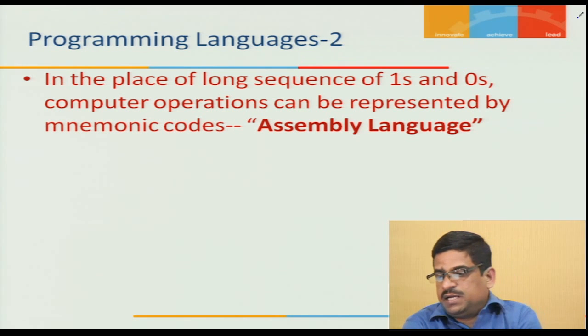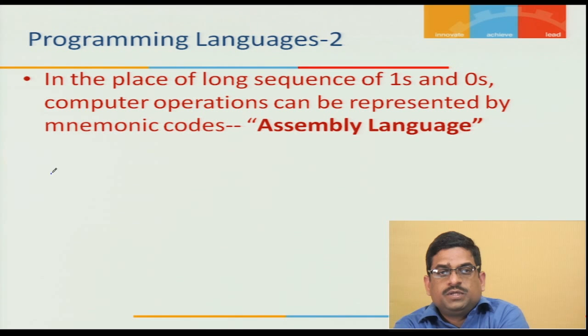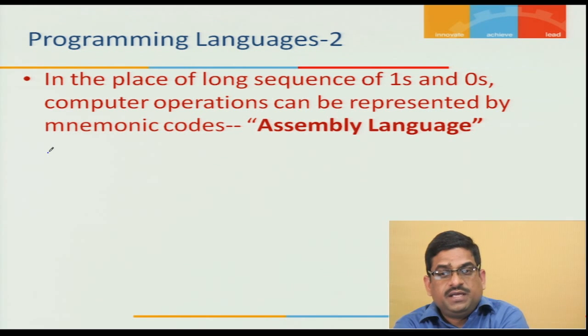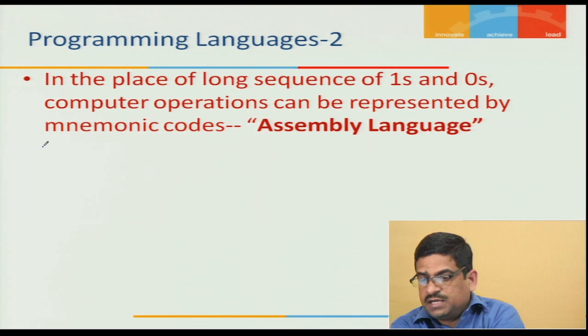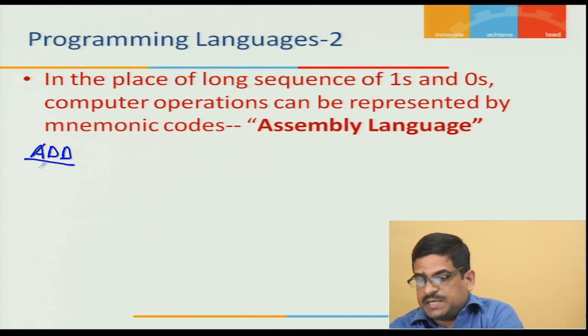For example, if I have to use an instruction called add, which does the addition of two numbers, in place of using some binary 0101 sequence for the add operation, I can use something like ADD, and for subtract, let's say I can use SUB.